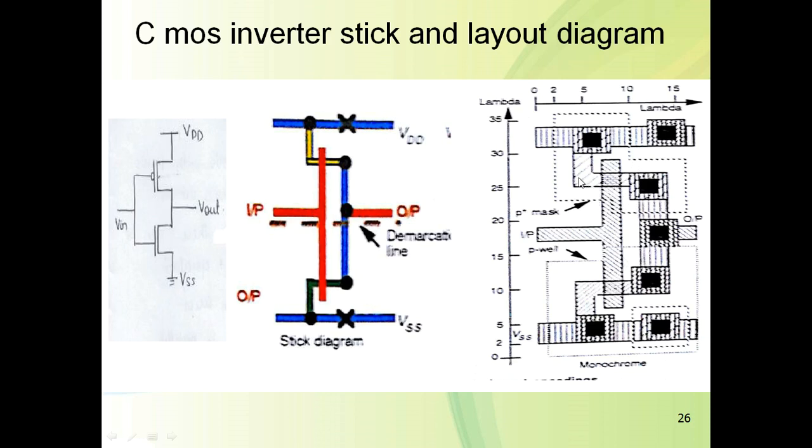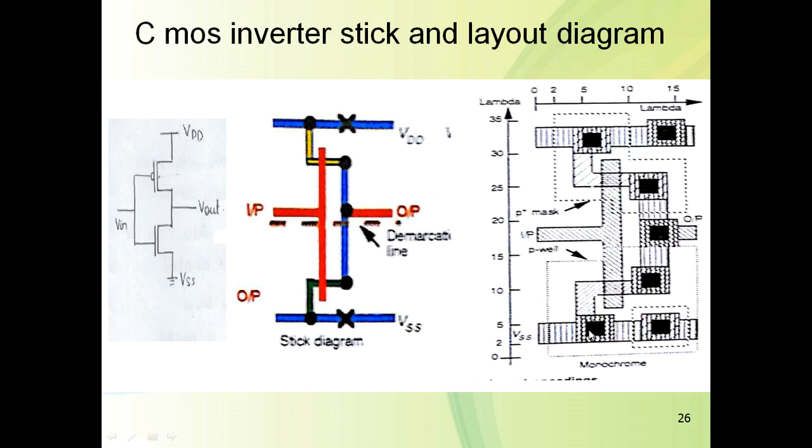This is the polysilicon layer, and whenever the polysilicon layer crosses N diffusion or P diffusion, an N-type transistor and a P-type transistor are formed.